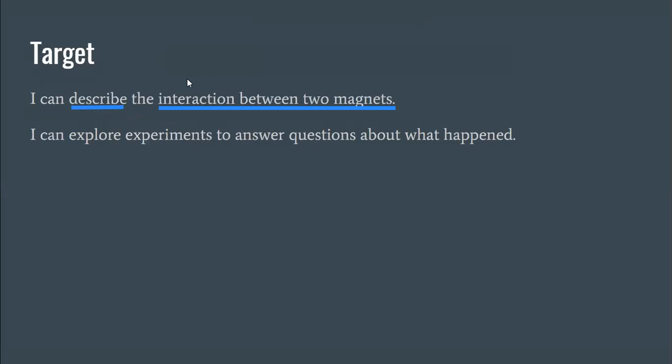Our second target is I can explore experiments to answer questions about what happened. So we'll be watching videos of experiments dealing with magnets, and we're going to answer questions together about what happened.